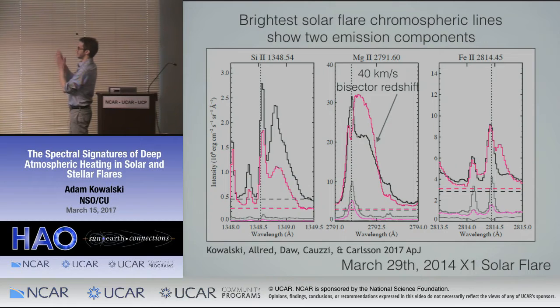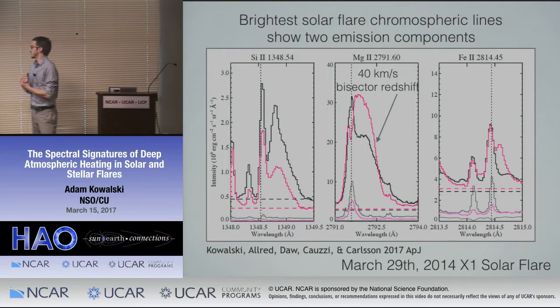And then as you go to the red, there's another maximum. And this is a redshifted component of the iron-2. So that's bright in the pink spectrum, and it's fainter in the black spectrum, but it's still there. The black and the pink spectra are just 2 different locations where it was really bright. And you can see for the other chromospheric flare lines, there are 2 emission components.